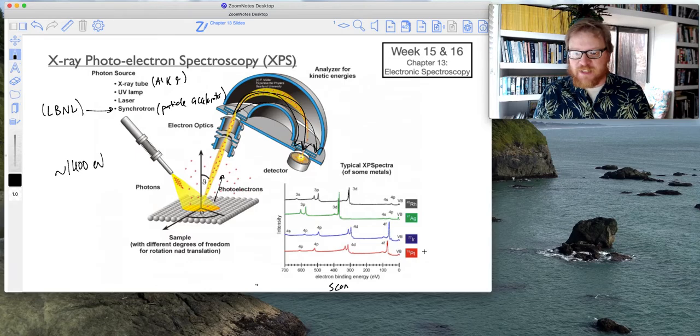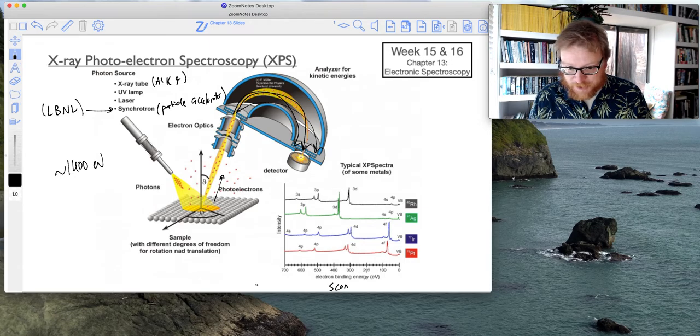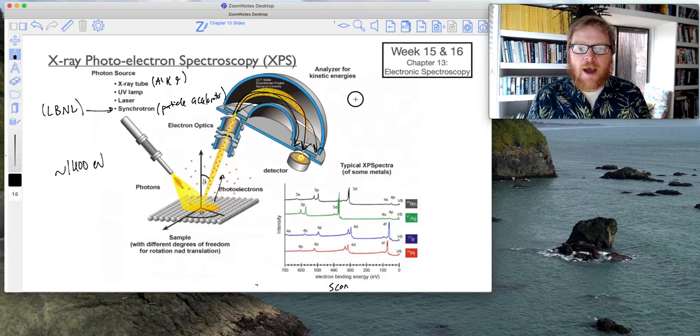Okay? So for example, if we look at platinum right here, you can see at very low binding energy, so this electron binding energy is calculated via the following. So we remember the photoelectric effect says kinetic energy of the electron equals h nu, the incident radiation, minus phi. Okay? Well, phi is really, as we said, the binding energy.